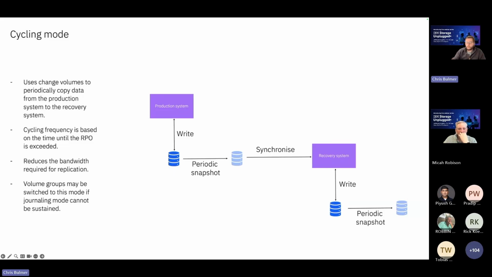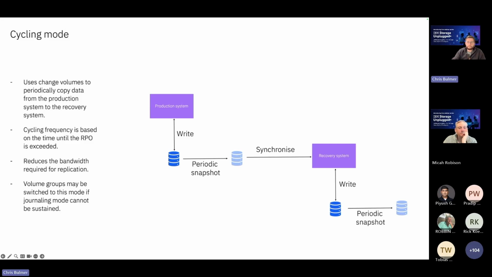Most of the time, if we think the workload has now dropped to a point where it's low enough, journaling mode's fine. And what we see in practice at a lot of our customers is that throughout the business day, they're in that journaling mode with very low recovery points. Overnight, they may have large batch workloads running, which exceed the link capabilities.